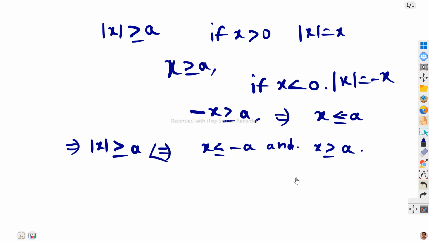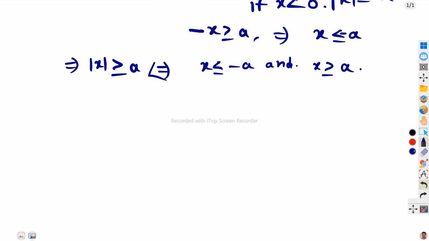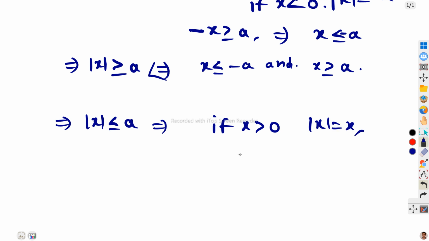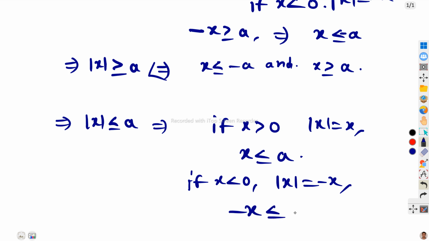Again, we have another type of inequality, the second inequality: |x| is less than or equal to a. If x is greater than 0, then |x| = x, so in this case x is less than a. Second case, if x is less than 0, then |x| = −x, and in this case −x is less than a.